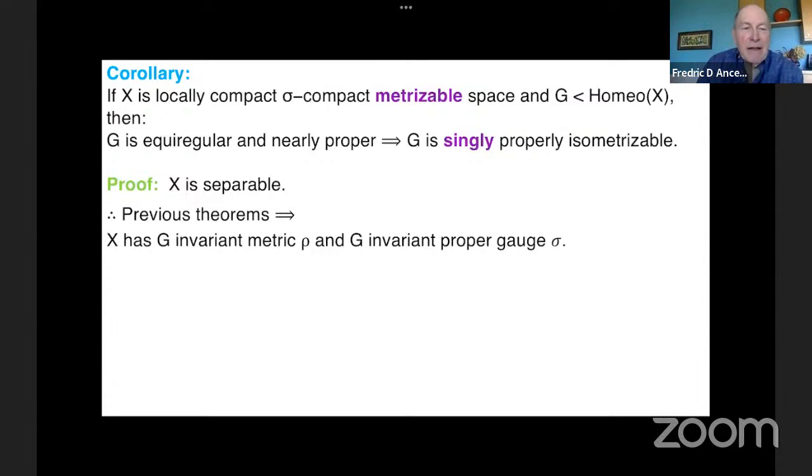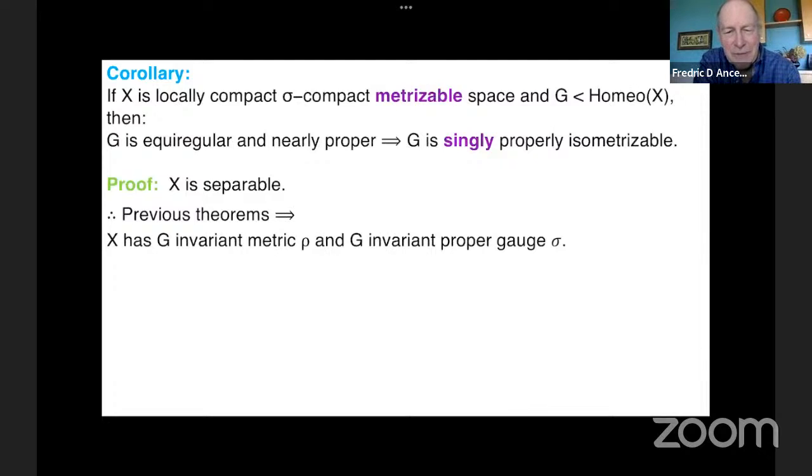And I should say the two theorems that I just stated give me, on the one hand, a G invariant gauge structure, and, I'm sorry, they give me a G invariant metric because this space is separable metric.